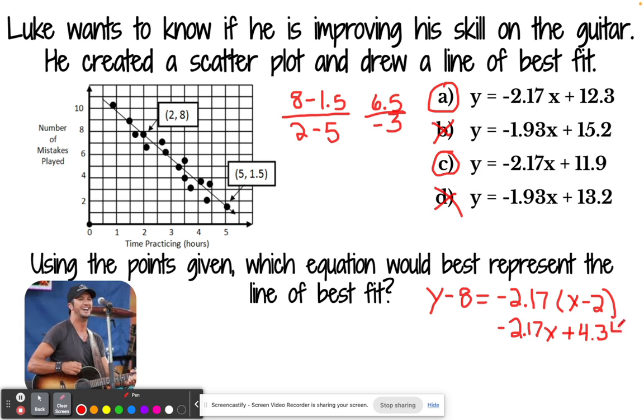I think I know what my right answer is. I still have y minus 8 on this side. It also shows me you can't really trust your graph sometimes. I'm going to add 8 to both sides. And you'll see my y-intercept is going to be 12.34.